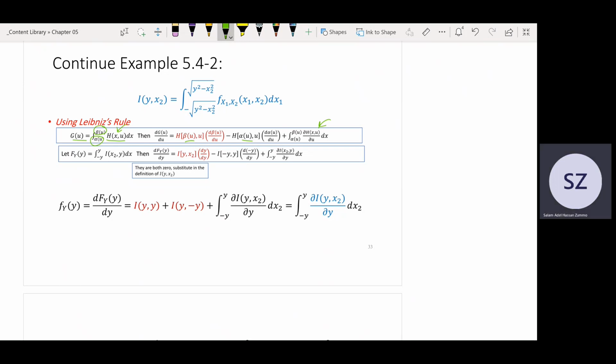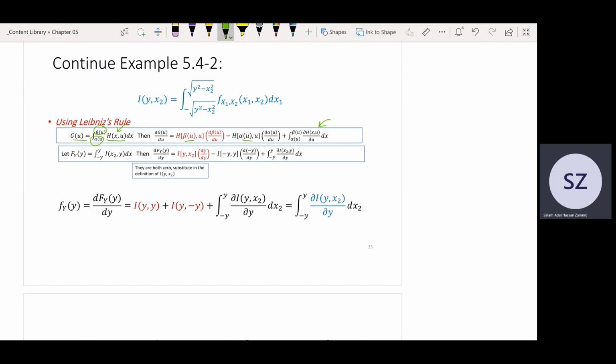So basically the whole idea is as follows. To differentiate this function g of u, I take the function evaluated at the first limit, multiplied by the derivative of the first limit, minus the function evaluated at the second limit, multiplied by the derivative of the second limit with respect to u, plus the same integral of the partial derivative.